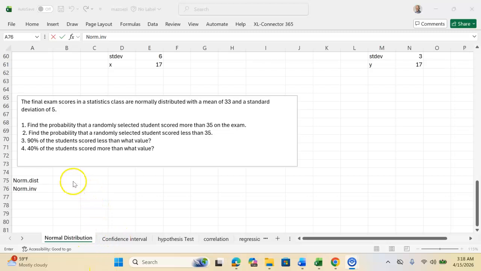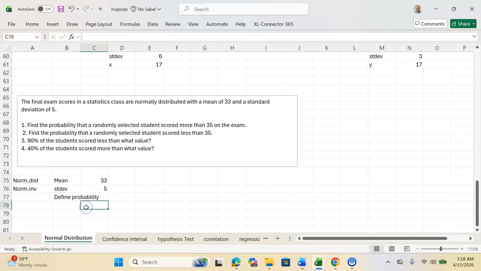The next thing we can do is to organize our data. The mean here is 33, the standard deviation is 5, and then we need to define the probability.